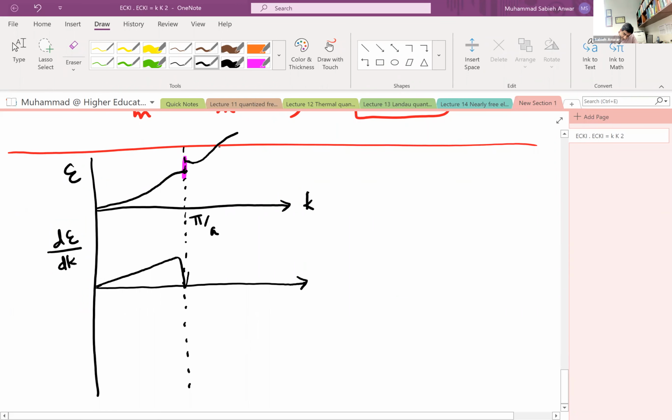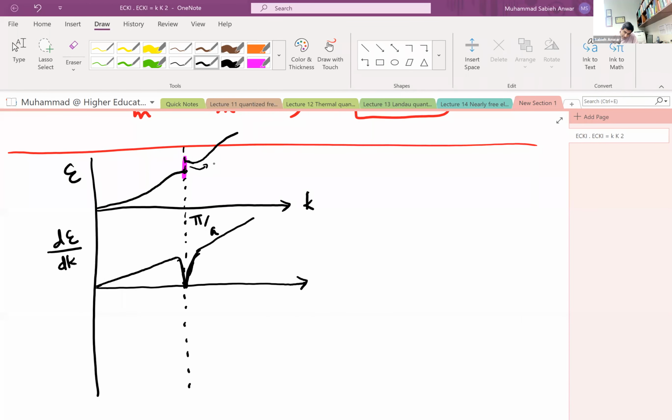So here it comes back to its original, and this curve is curving upwards. So this is what the derivative of the dispersion relationship looks like. And there's a notch or some kind of edge at the zone boundary.